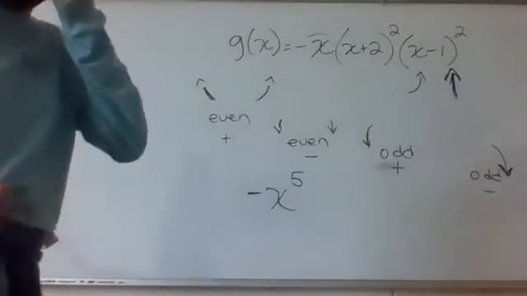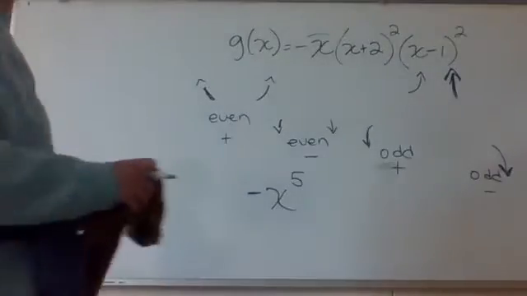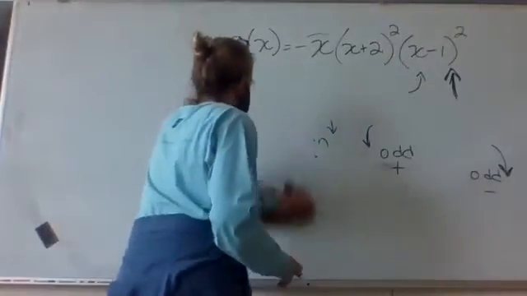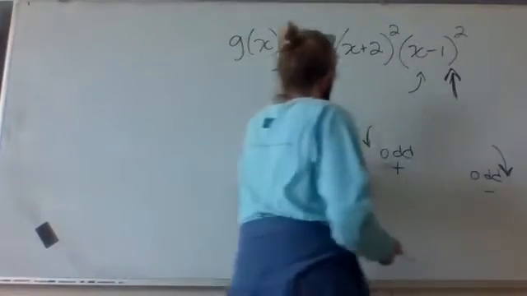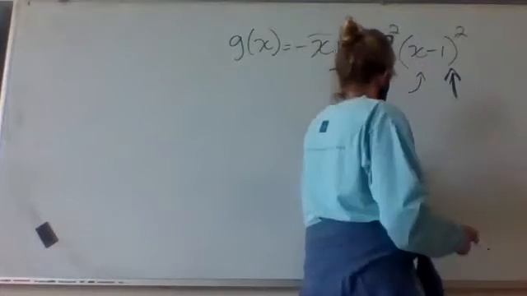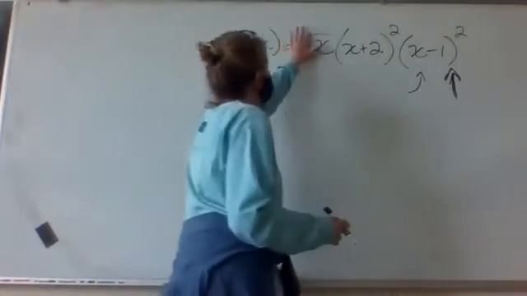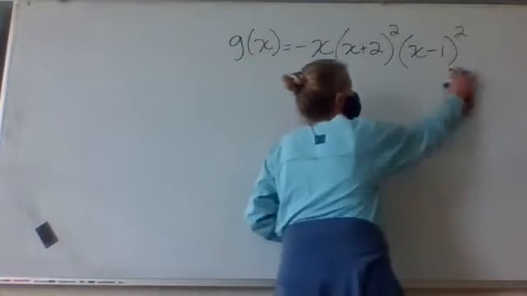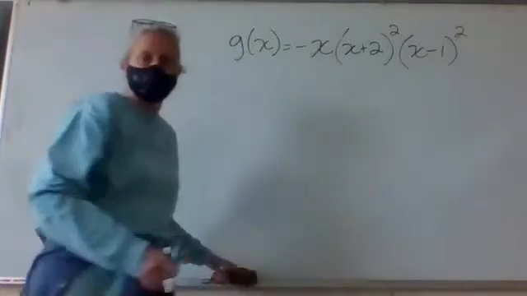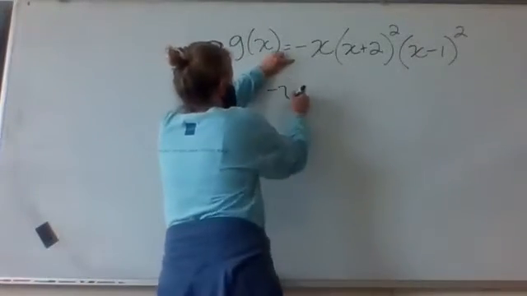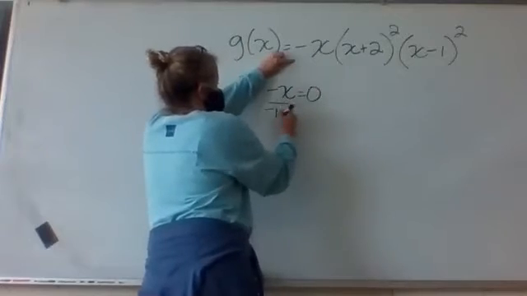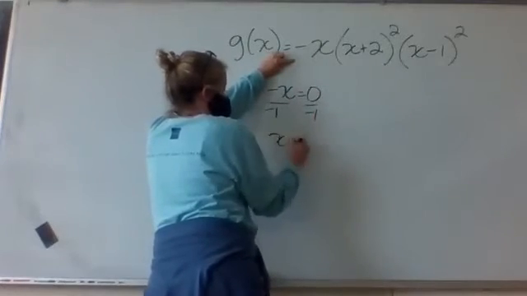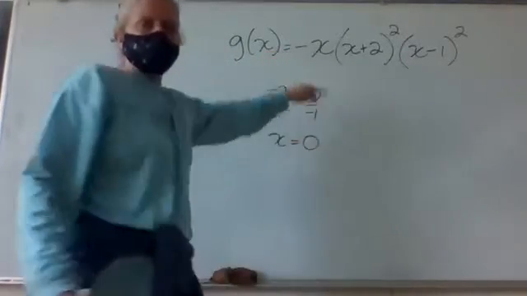I can also tell where the x-intercepts of this graph would be. Let's see where all three of these factors have an x. They're all going to create an x-intercept. For this one, I divide by -1 to get that x by itself, and I would get x equals 0.